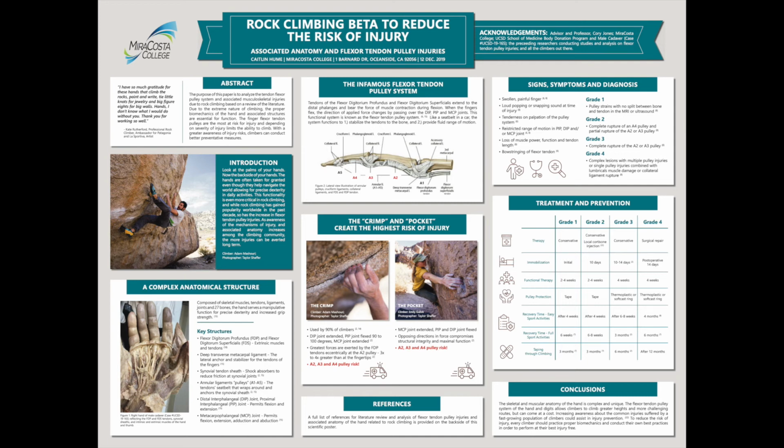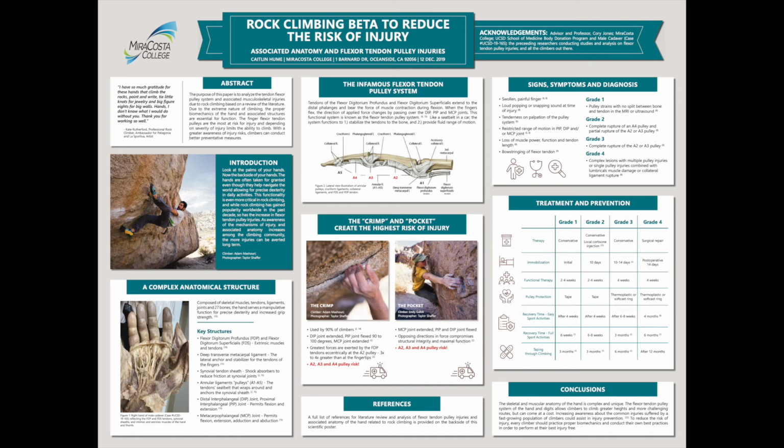But in good case scenarios, it can be anywhere from 6 weeks to 6 months, depending on the grade of injury. And in all of those cases, you are going to want to tape it with a climber's tape or just an adhesive tape to provide that extra protection in order to prevent additional injuries over time.